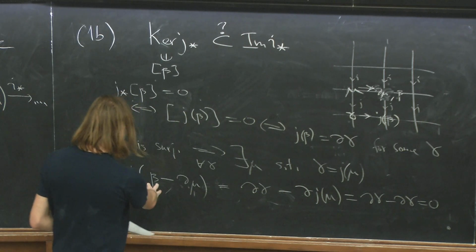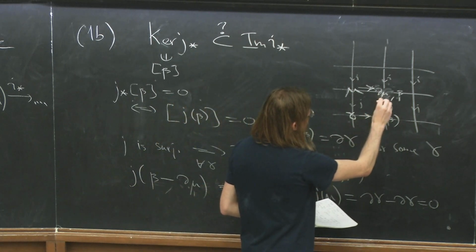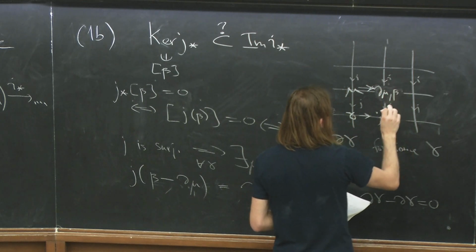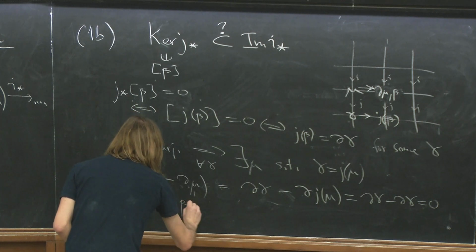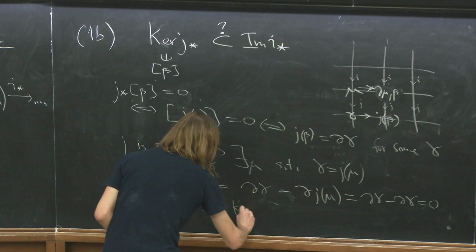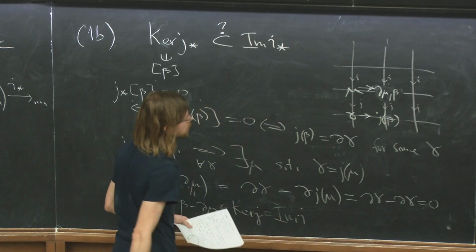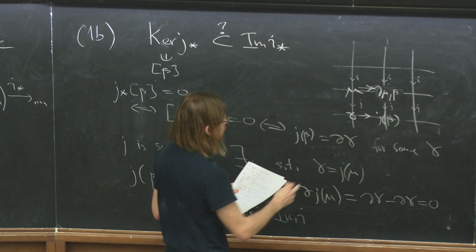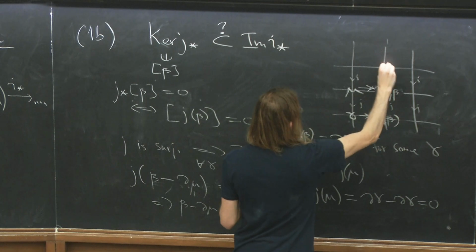Okay, and so J of this difference of d mu and beta is sent to 0, but this means that beta minus d mu is in the kernel of J, which we know is the same as the image of I. So since the difference is killed, we can find its preimage here, say alpha.